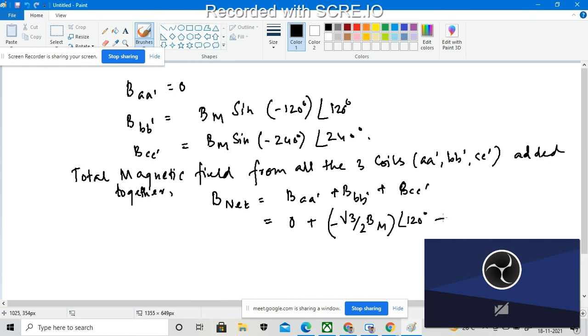Plus, what will be the value of sine minus 240? Root 3 by 2 Bm at an angle 240 degree. Now, if we simplify these equations, then you have to find the B net.